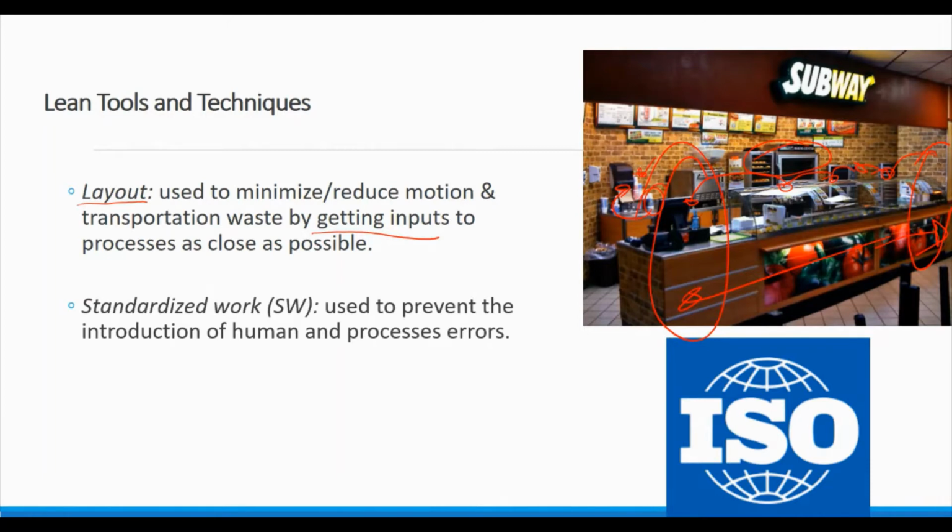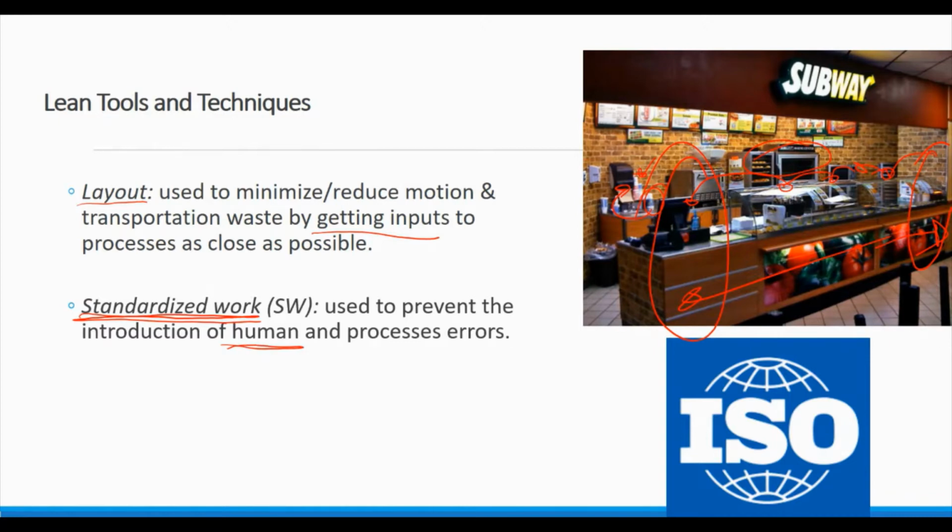So that is a work that has been standardized. Everybody knows what to expect. Anybody working in a Subway and any customer going to Subway knows what the steps are, and it's standardized. That way the steps are the same, so there's a reduction of any kind of human error.